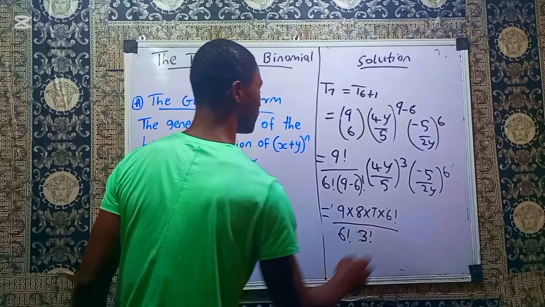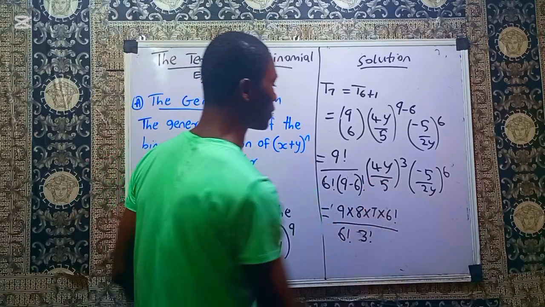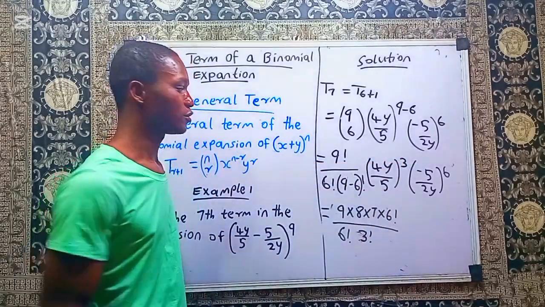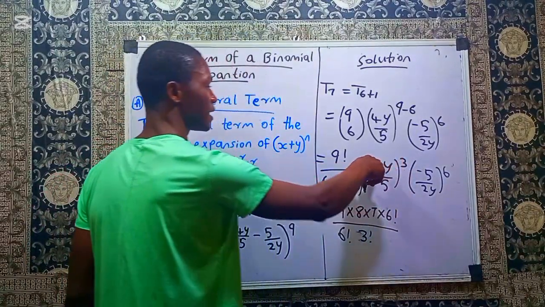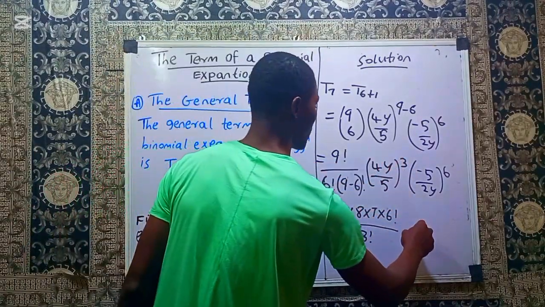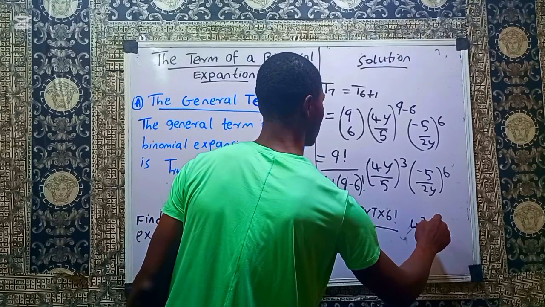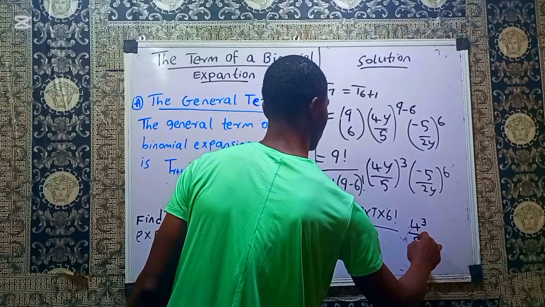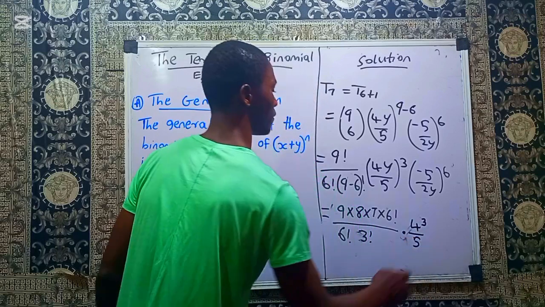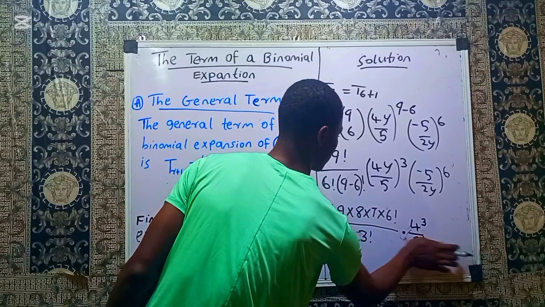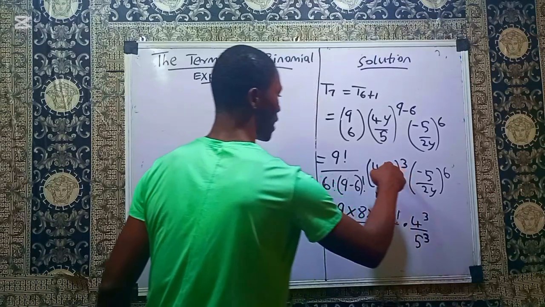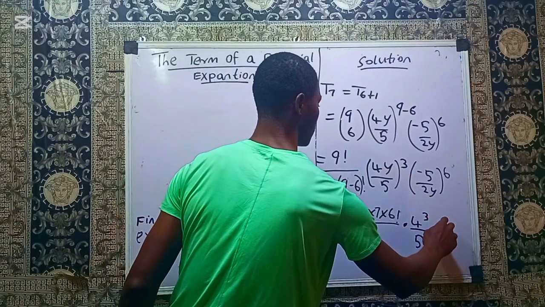Then we have 4y raised to power 3. So if you pass the index on each of them, you'll be having 4 raised to power 3 over 5 raised to power 3, then y raised to power 3.